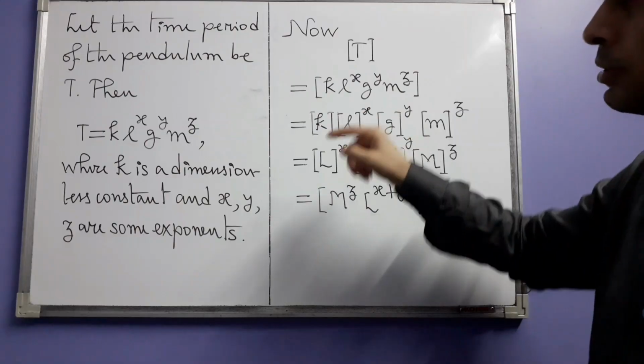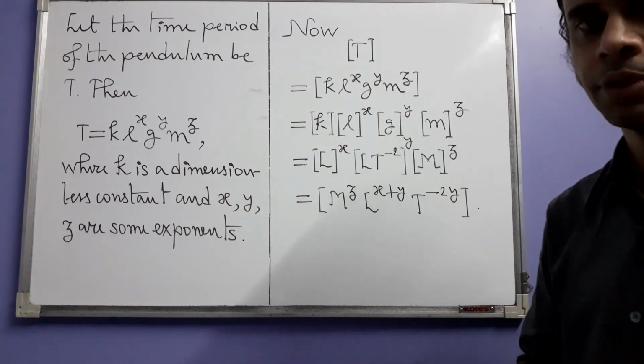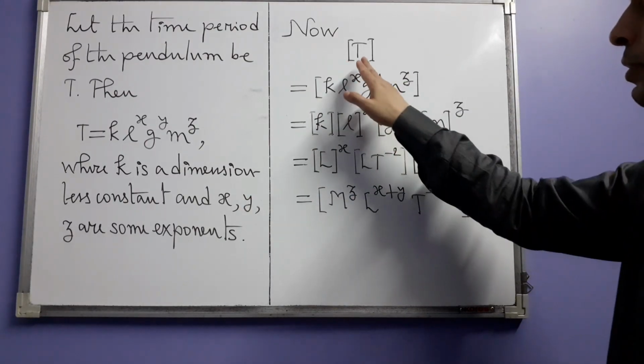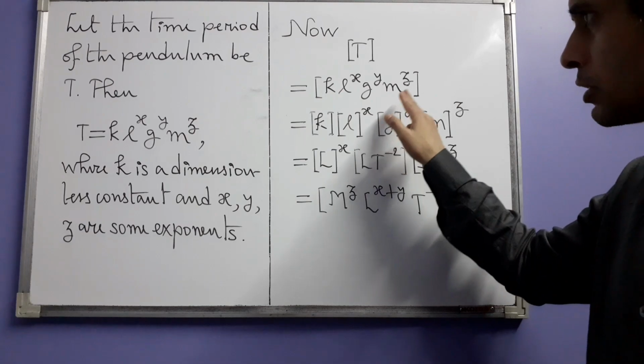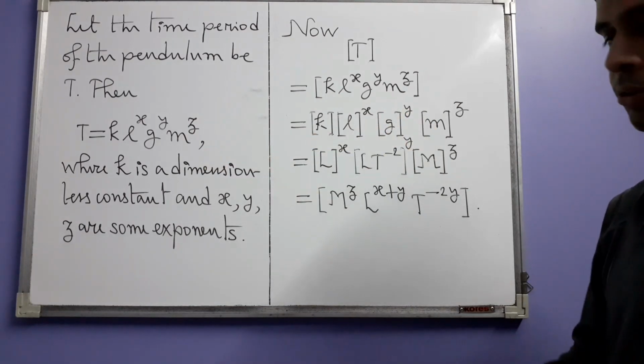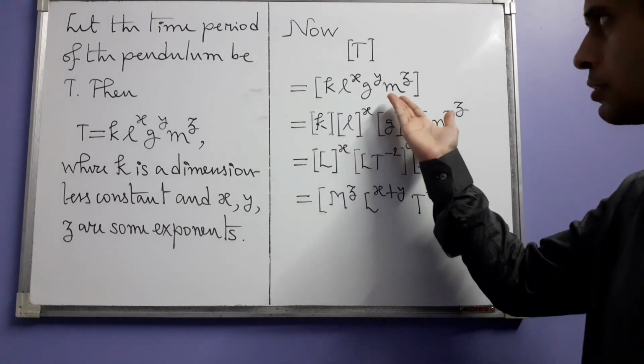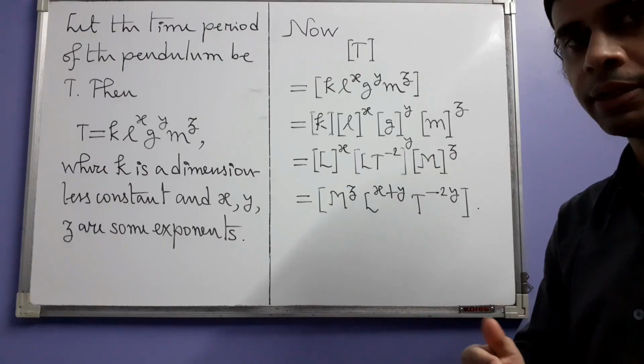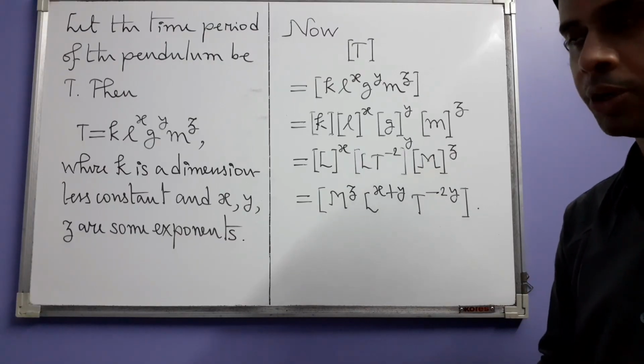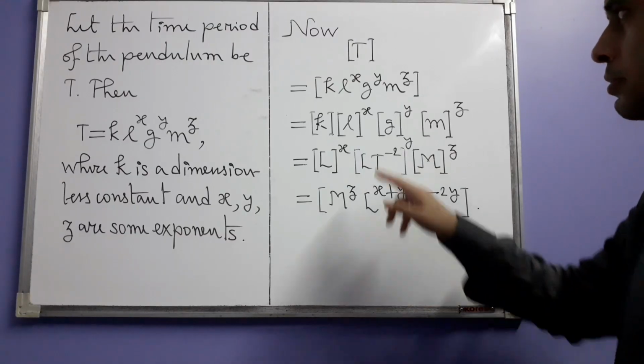So this is the dimension of time period because it is time after all. That should be equal to the dimension of the right hand side, and you already know that these quantities behave like algebraic symbols. Symbols means variables.